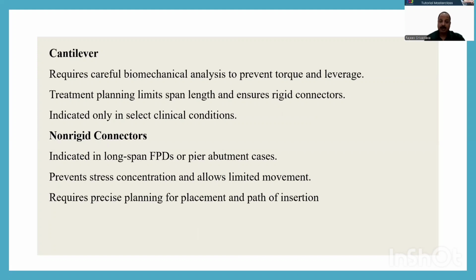A non-rigid connector is indicated in your pier abutment cases. There you cannot give a rigid connector, because if you give a rigid connector, there will be harm, as more forces will be concentrated onto the pier abutment. So all these things have to be taken into consideration to prevent the failure.